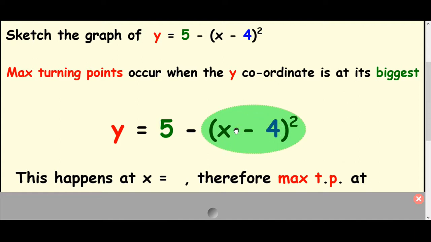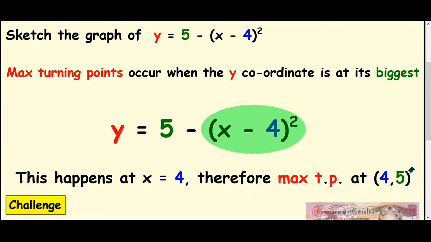The reason for that is because we want to take away the least value to leave the biggest value for the y. So I'm still trying to make this 0, because when you square the function, anything negative will become positive. So the lowest value this can take is 0, and that's going to happen at 4. So it's very similar to what happened before. So an x value of 4, and that's going to leave us with a high y value of 5.